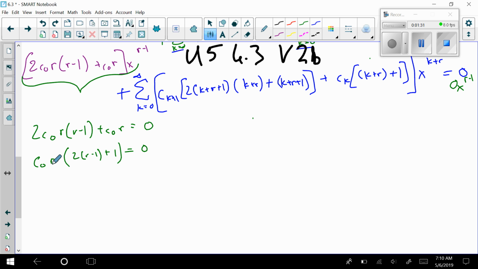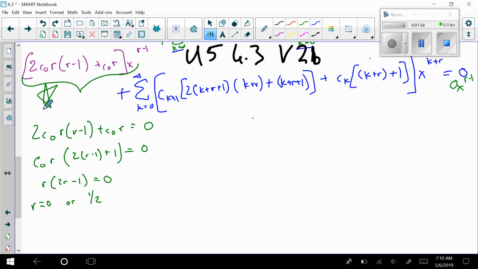Remember, this c naught is just a constant, so I can easily divide it out. Then I would have 2r minus 2 plus 1, which is a minus 1 here, equals 0. I get r equals 0 or 1/2. So you can see that I found 2 roots just by looking at this one up here.